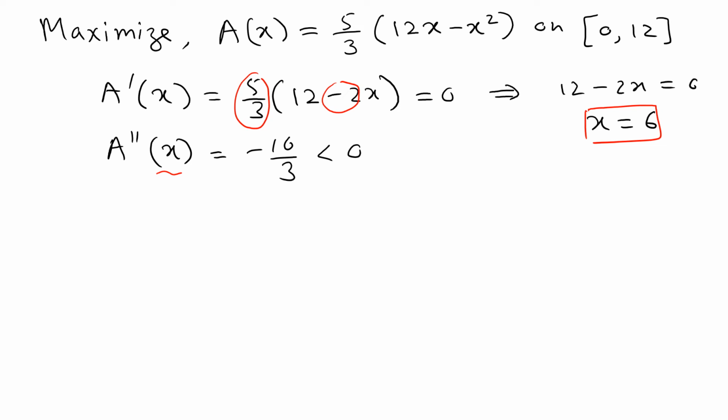So even at the critical point you get a negative sign. That means it has a maximum, due to the second derivative test.